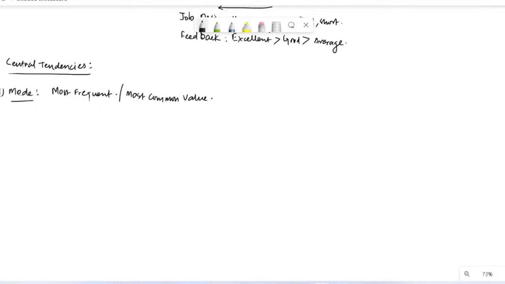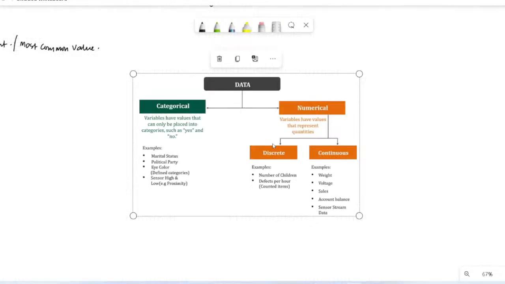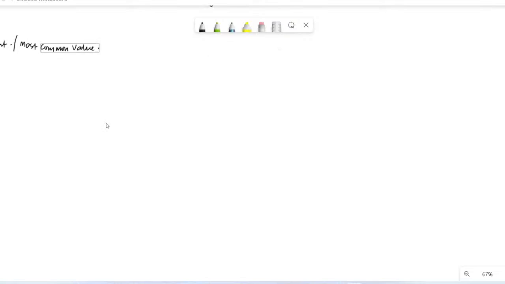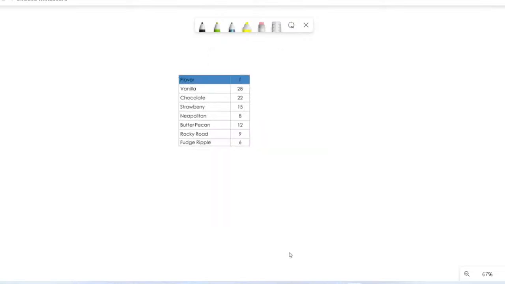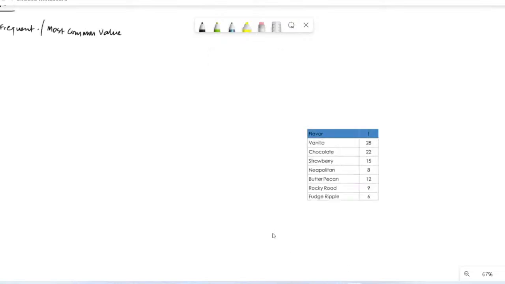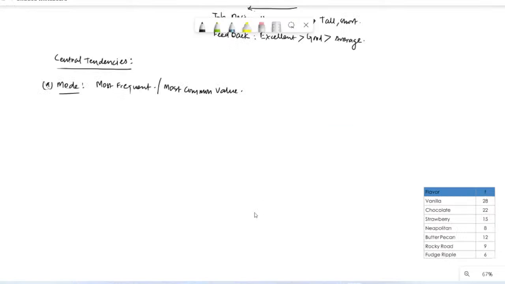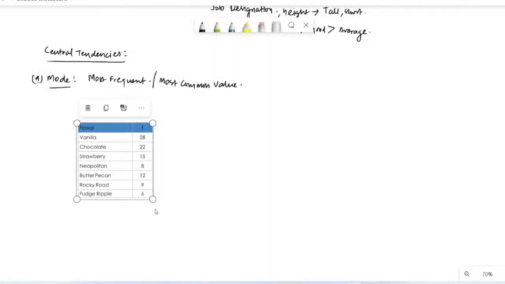I'll give you a simple table. Suppose this is my table here. Let me copy it again. Okay, I think this is clear now. Let's take this. So this is my table.